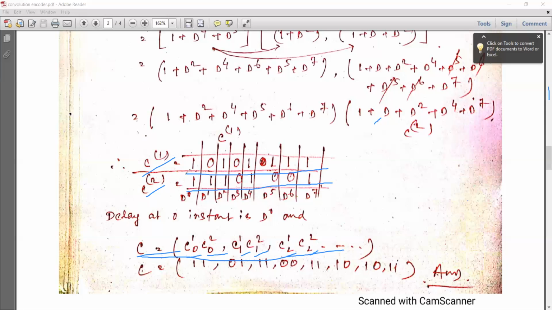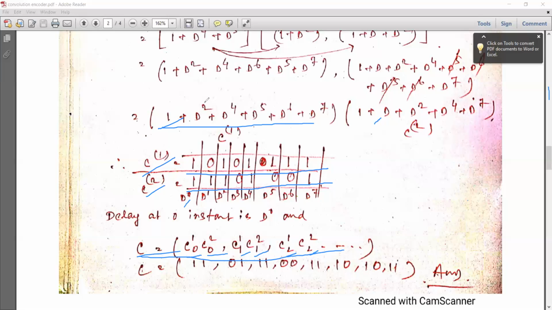So from this, the first value is 1. So 1 is the coefficient of d to the power 0, as I've written here. So for C1, the coefficient of d to the power 0 is 1. The d term is missing.